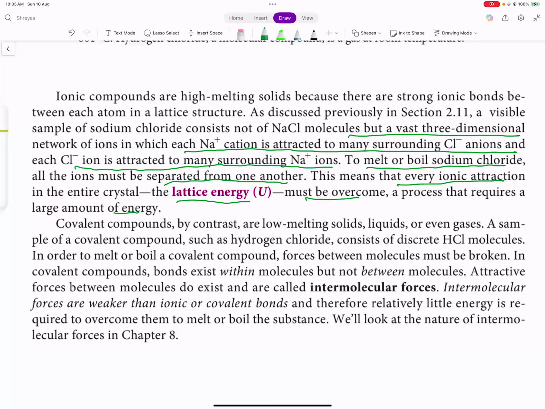Covalent compounds, by contrast, are low-melting solids, liquids, or even gaseous. A sample of a covalent compound such as hydrogen chloride consists of discrete HCl molecules. To melt or boil a covalent compound, forces between molecules, that is intermolecular forces, must be broken. In covalent compounds, bonds exist within molecules but not between molecules.